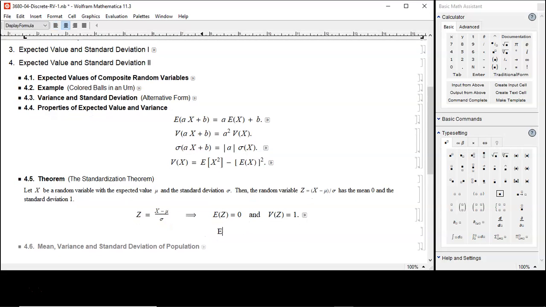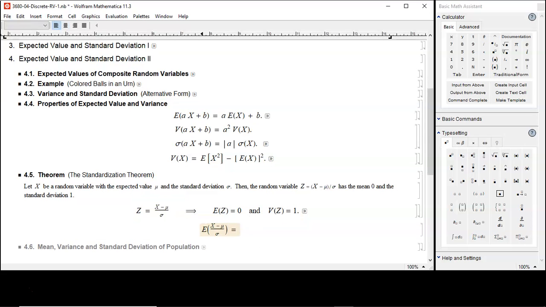So another way to do the same thing is like this. Expected value of X minus mu over sigma is 0. Variance of this quantity is equal to 1.